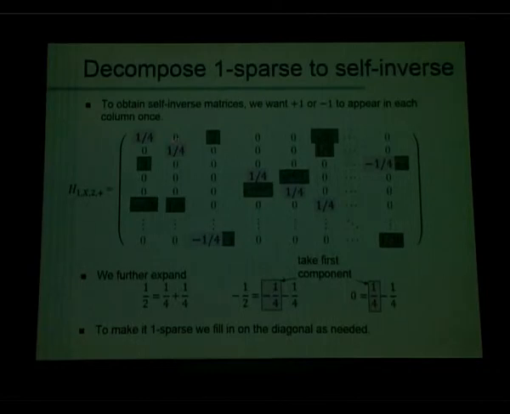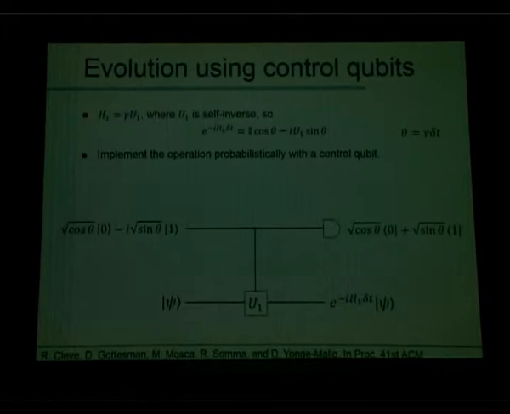And these are all plus or minus the same thing. So you can take this a quarter out to the front. So that's the gamma here, and all of these entries are just plus or minus 1. So this is going to be your self-inverse thing. Now, the reason why we want it to be self-inverse is that it enables us to apply things using control qubits.